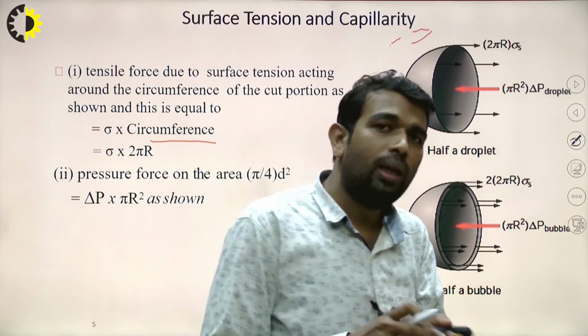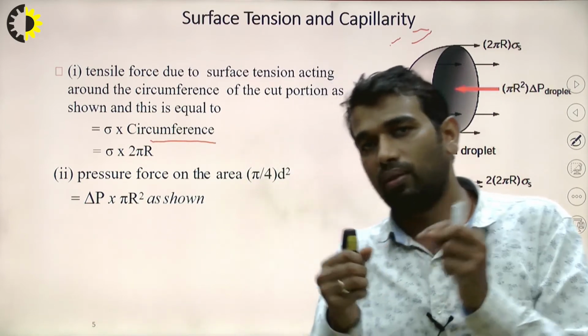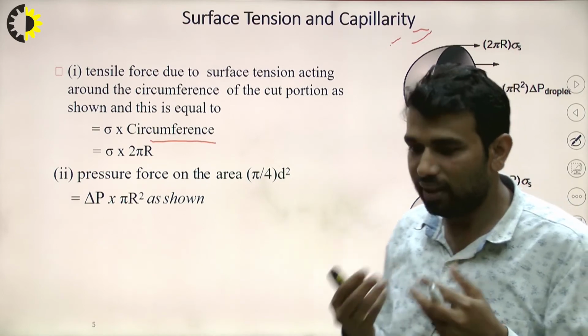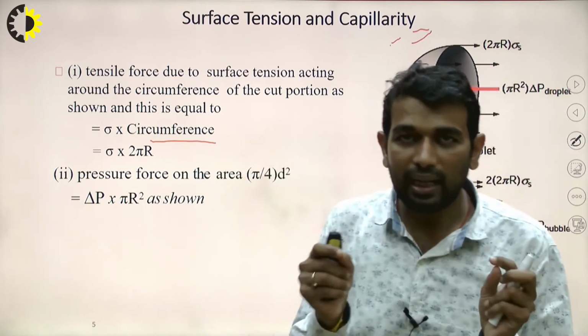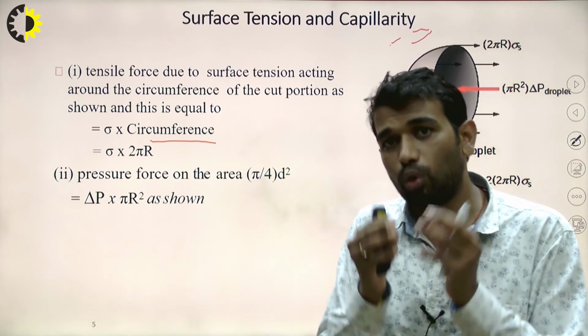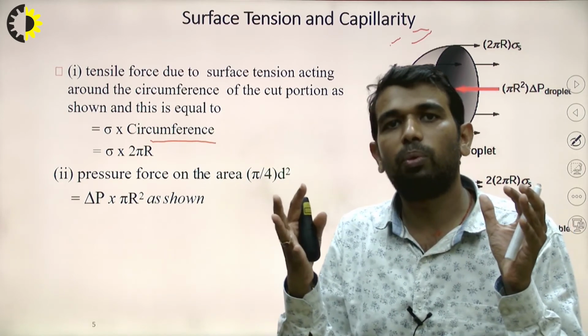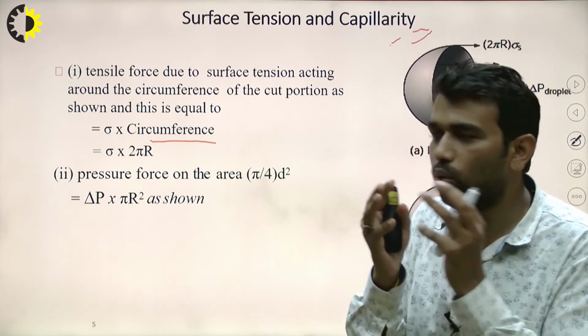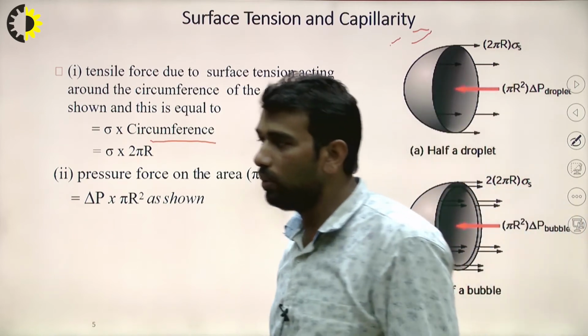If it is not true, this droplet is going to burst, because if the outer pressure is high and the inside pressure is low, the droplet is going to collapse. Those droplets are not going to survive.